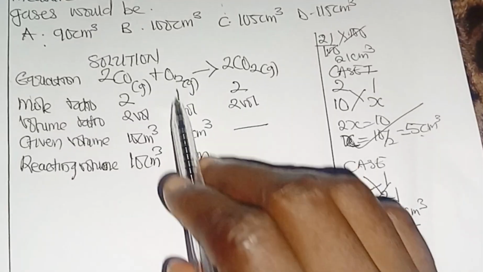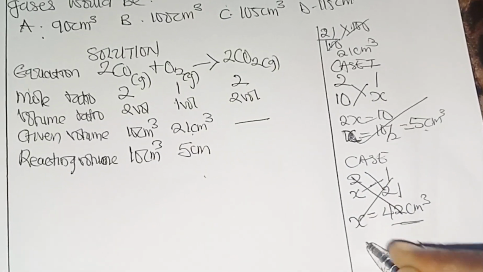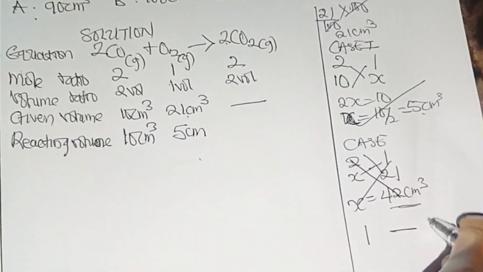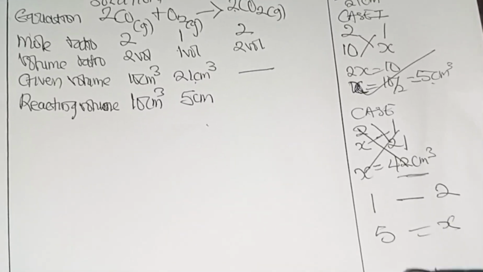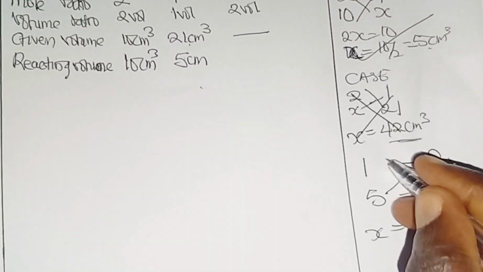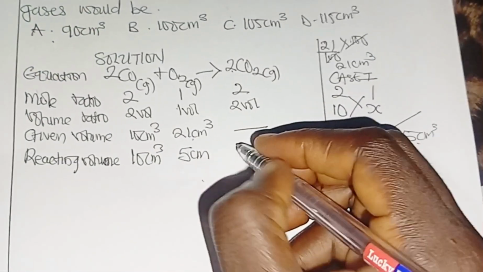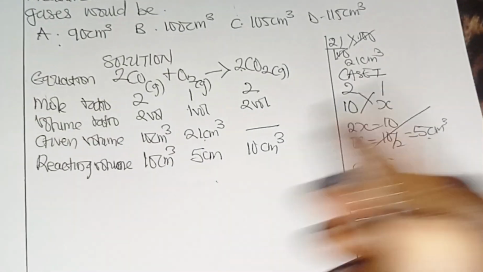So compare the volume ratio of oxygen, that is 1 will give us 2, and then what will 5 cm give us? We call it X. We'll make X subject of formula, cross multiply 5 times 2 to give me 10 cm cube. That is the volume of the product is what? 10 cm cube. Very simple.